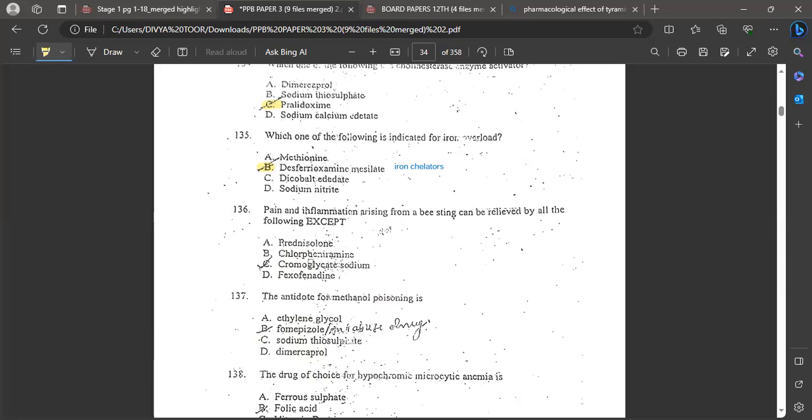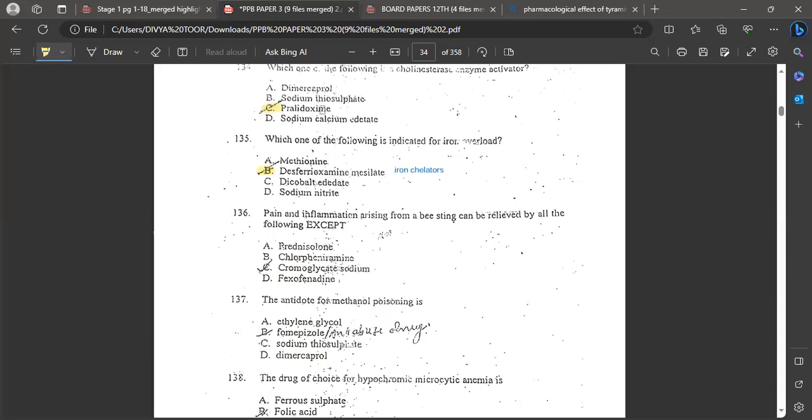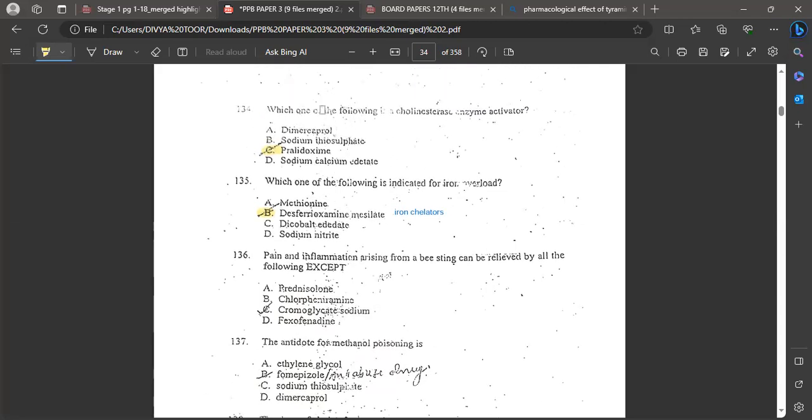Just a question. For question 134, we went with C. Yeah, that one. Yes, we went with C. Why? Pyridoxine isn't usually an antidote for acetylcholinesterase. No, see, it's also used for organophosphate poisoning.